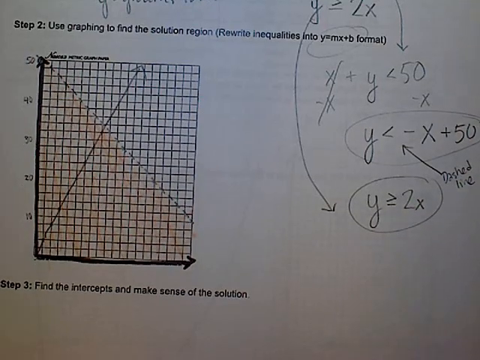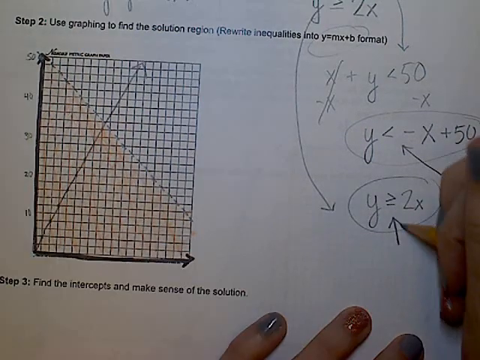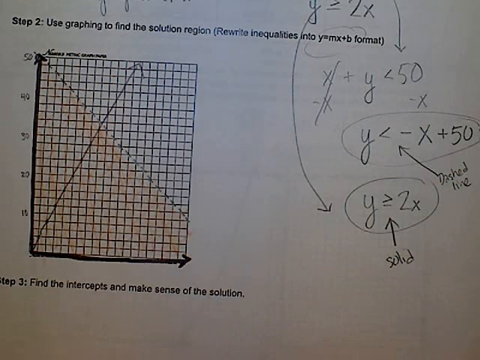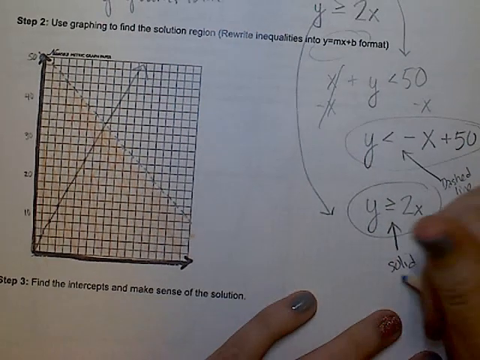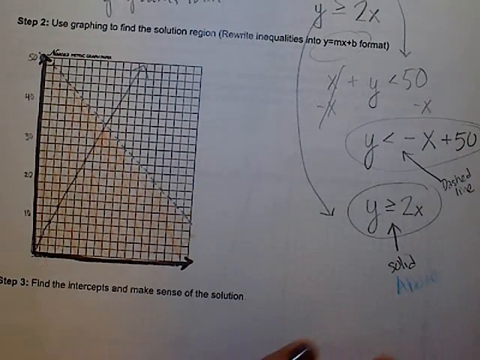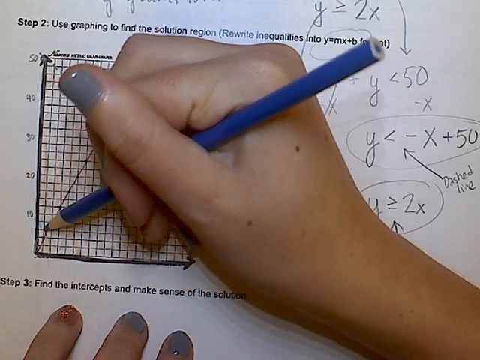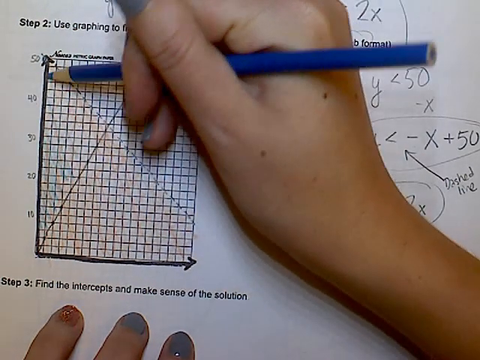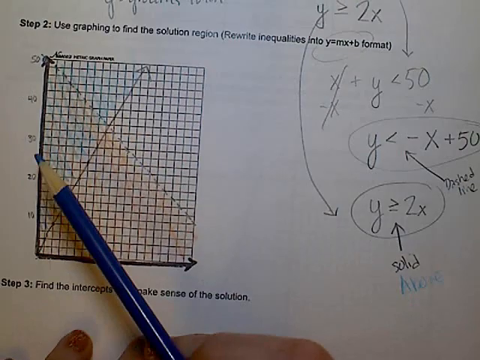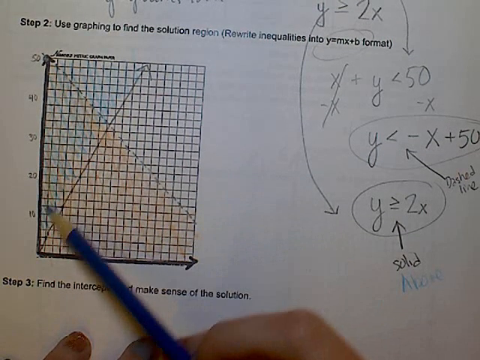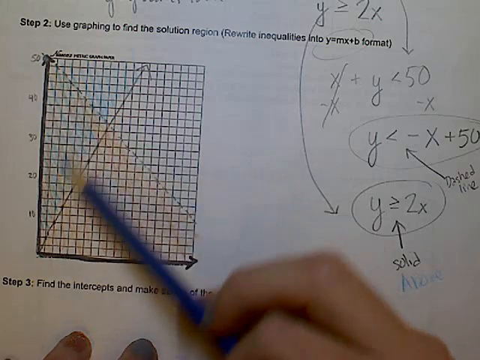And this one I made a solid line, because it has that equal to symbol, and it is greater than, so I'm going above, and so I'm going to be shading everything above this line. And so my overlapping region is over here. This is my solution region.